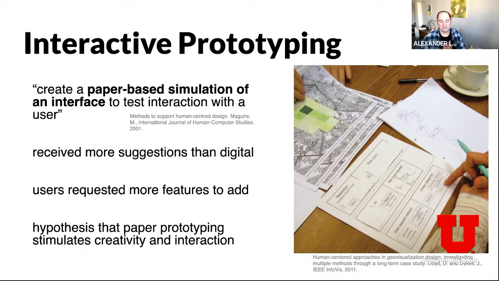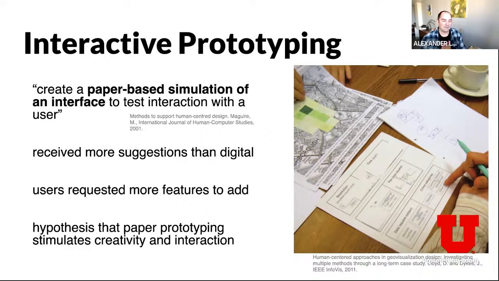That would really be, hey, I have my menu here, and now I can click on this button, and then an experimenter shows you the next sheet. This is what this would look like. And people have evaluated what's going on here. Why would you use paper prototypes if you could use wireframes fairly easily?